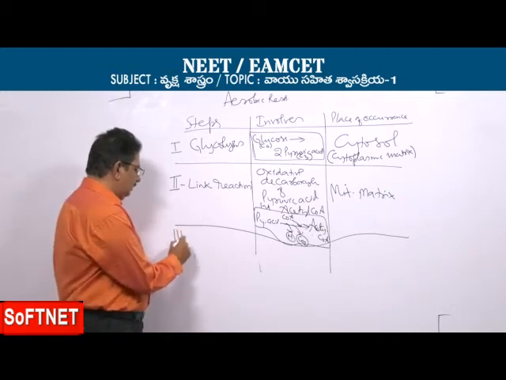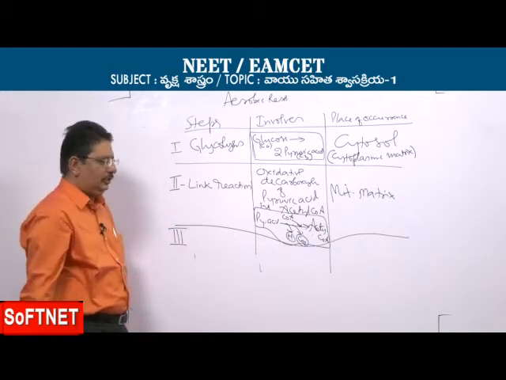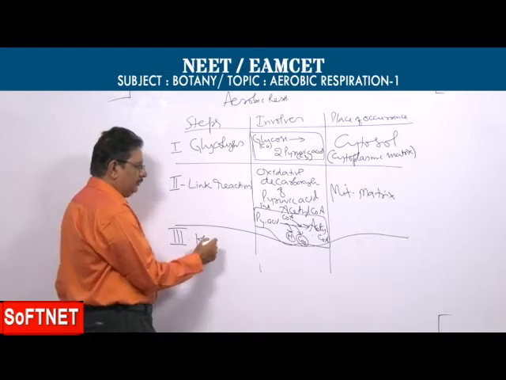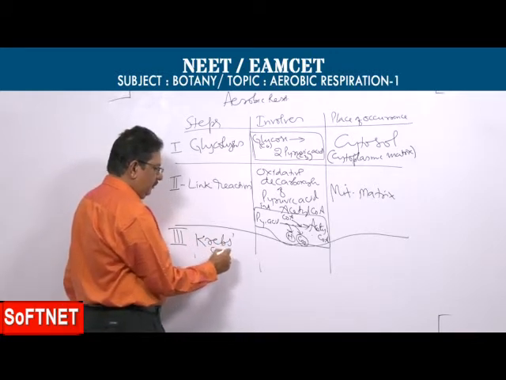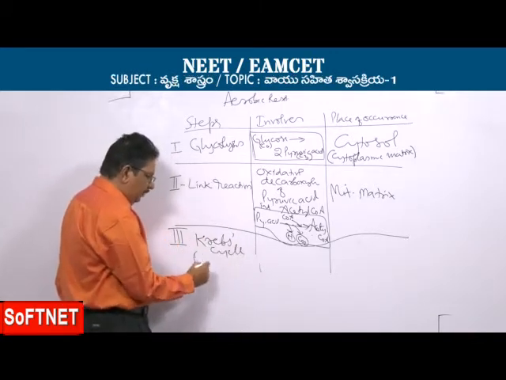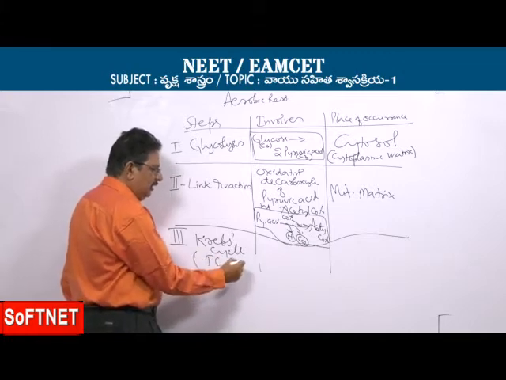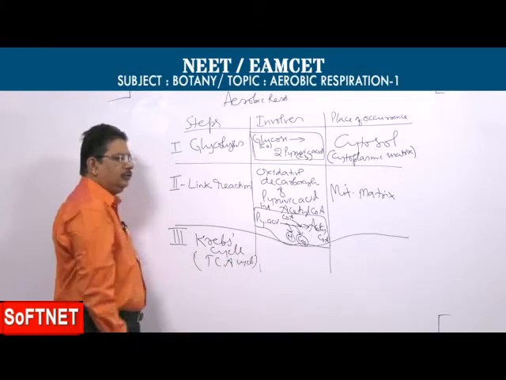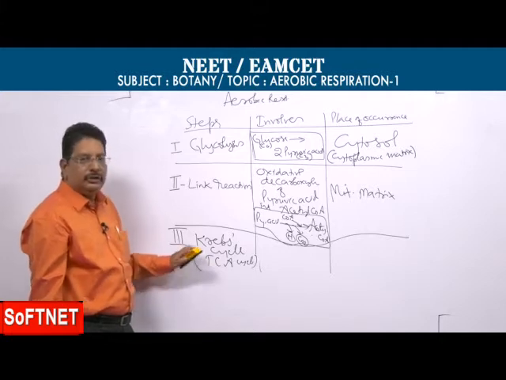Another step in aerobic respiration is called the Krebs cycle, very popularly called the TCA cycle. What happens during the Krebs cycle?